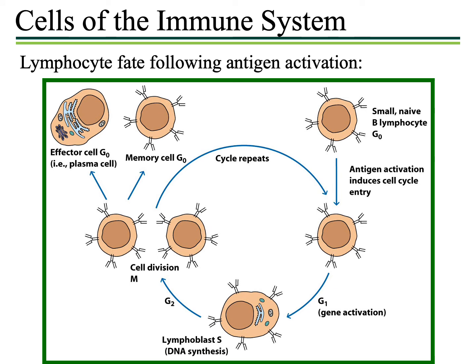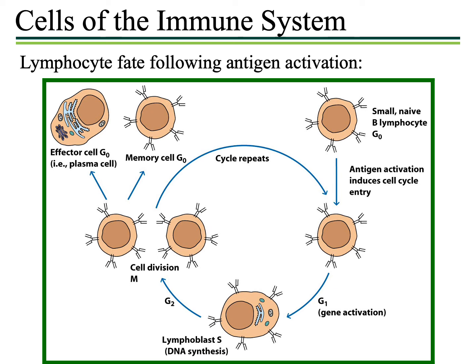So as I mentioned on the previous slide, both B cells and T cells behave in a specific way to allow for their activation to take place. This particular slide is focusing on a B cell, but the mechanism is exactly the same for a T cell. Both B cells and T cells come in what's known as a naive form, and that's what you see in the far right-hand corner.